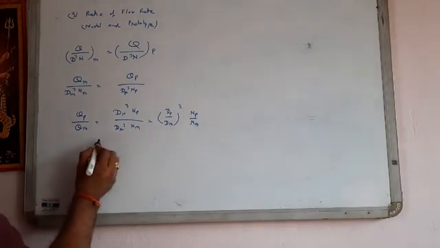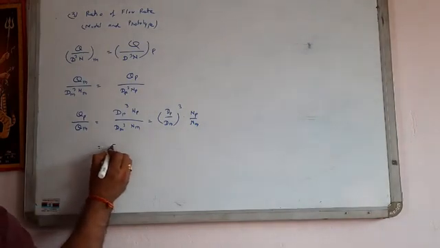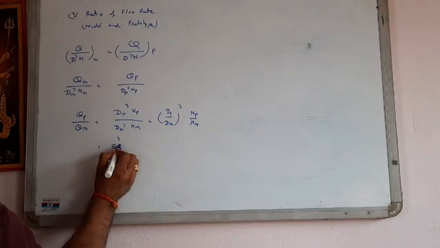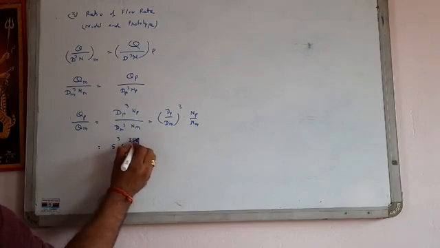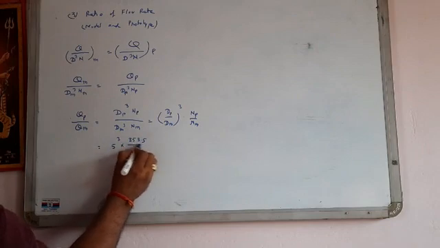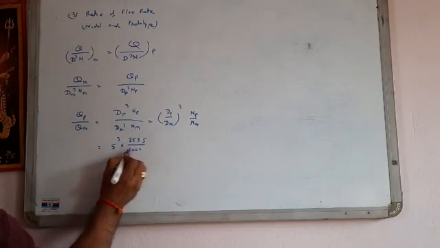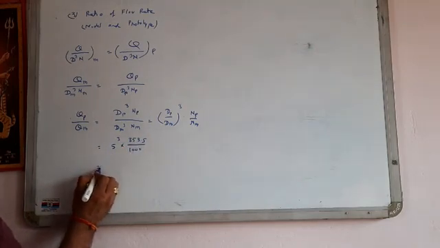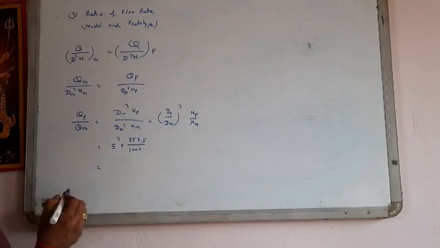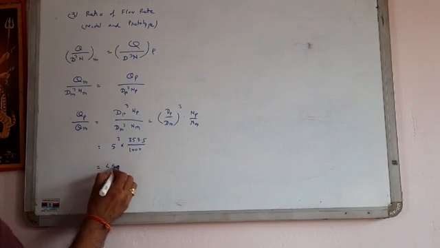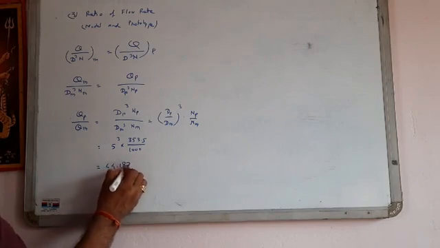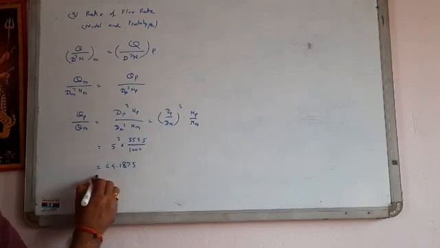So this is 5 cube into 353.5 by 1000. So this ratio comes 44.1875.